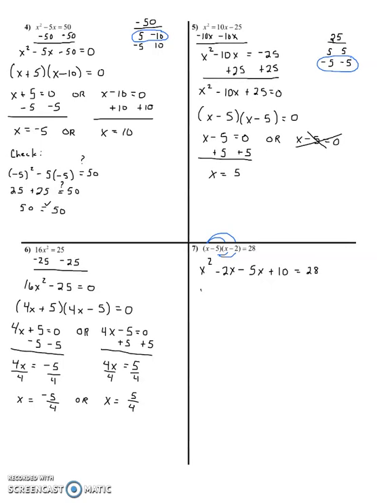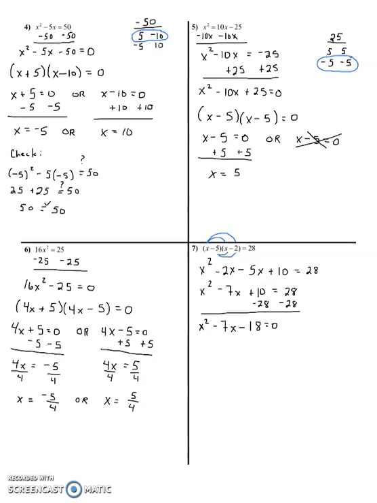We can combine like terms on the left-hand side. So x squared minus 7x plus 10 equals 28. Then subtract 28 from both sides. When we do that, we are left with x squared minus 7x minus 18 equals 0.